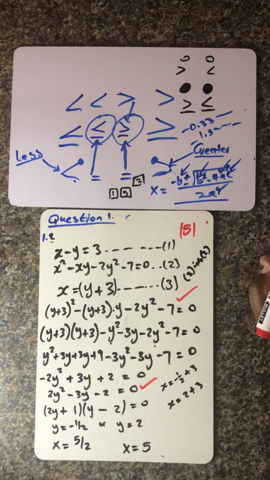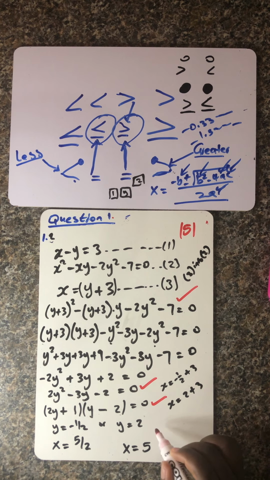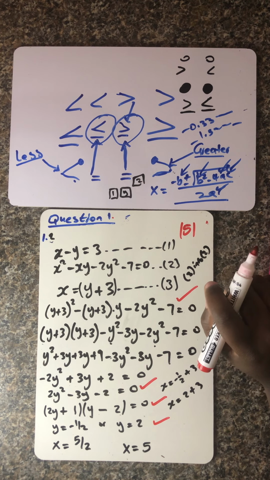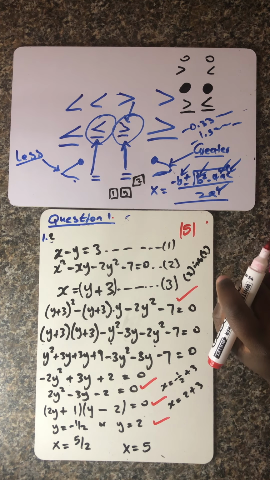So again, for you to find the correct factors, we give you a mark. Again, ladies and gentlemen, for your y values, we give you a mark. It's very interesting there at the marking center, ladies and gentlemen. We enjoy giving you the marks, so you should make sure that you provide all the steps. For your final x values, we give you a mark.